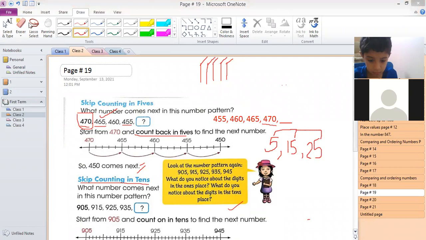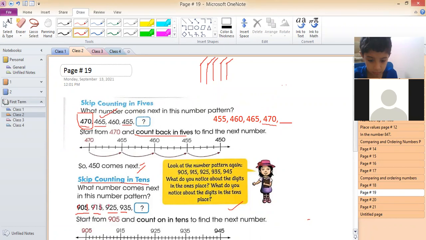Very good. Now look at the book example. It is 905, then 915, 925, 935. What will come next? If you look here, 9 and 5 are the same in all the numbers.